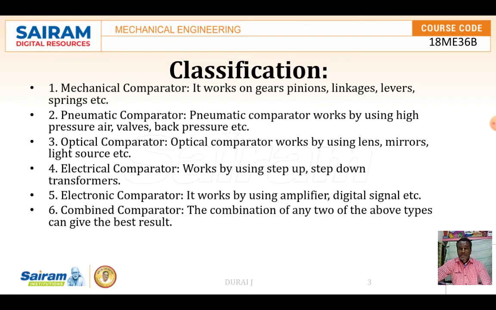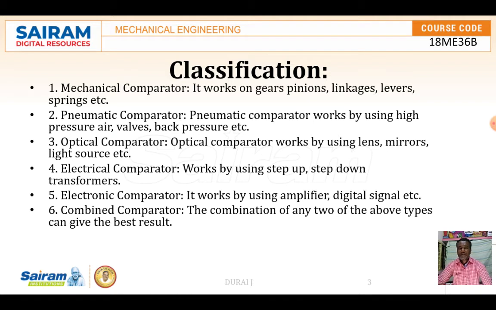The classification of comparators: mechanical comparator, pneumatic comparator, electrical comparator, optical comparator, electronic comparator and combined comparator. A mechanical comparator works on linkages, levers, springs and gear pinions. A pneumatic comparator uses high pressure air valves and back pressure. An optical comparator works on lenses, mirrors and light sources.